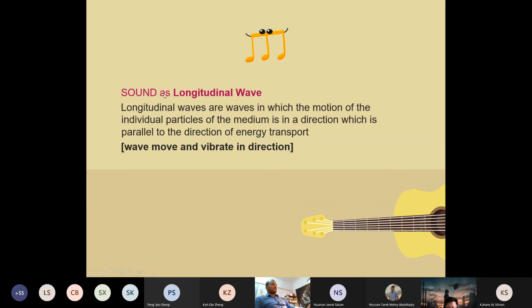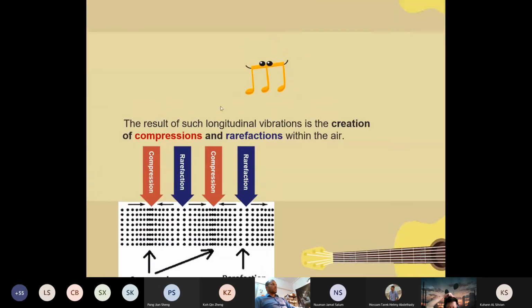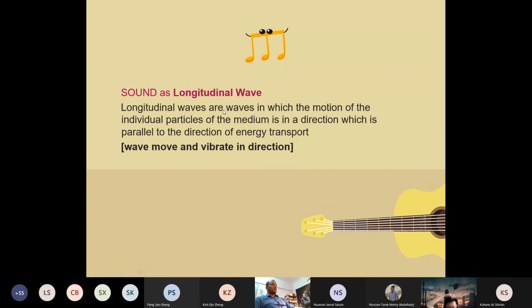So that's why there is what we call the longitudinal wave and also the transverse wave. So what is a longitudinal wave? It's a wave in which the motion of the individual particles of the medium is in a direction parallel to the direction of energy transport.